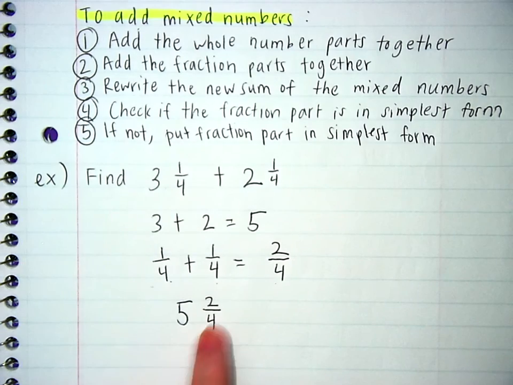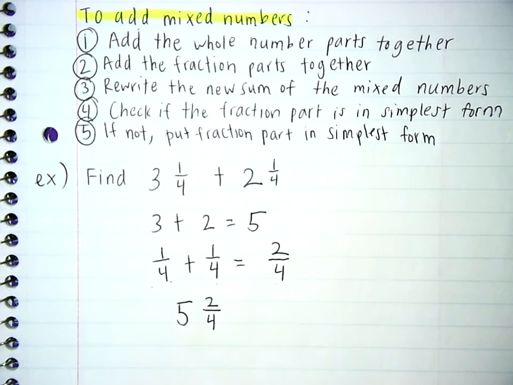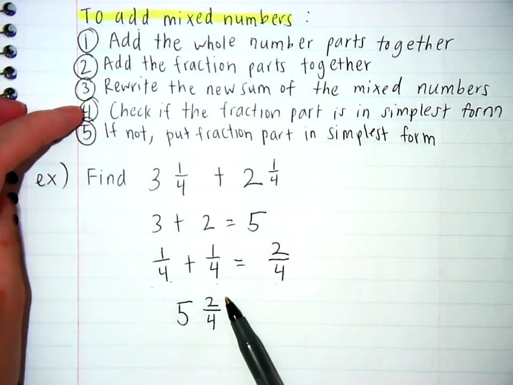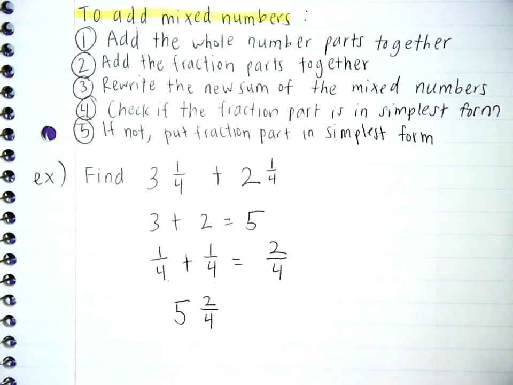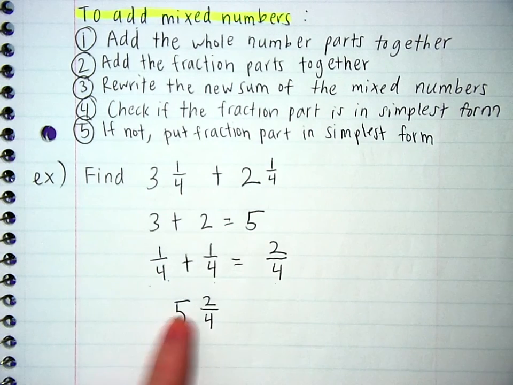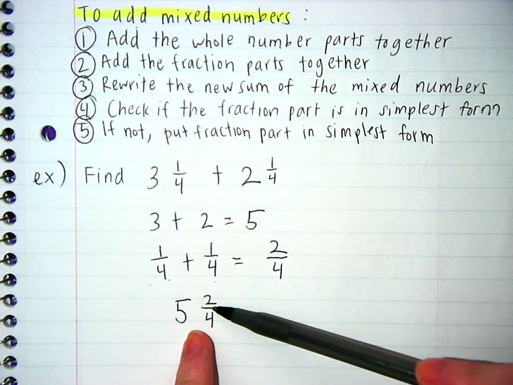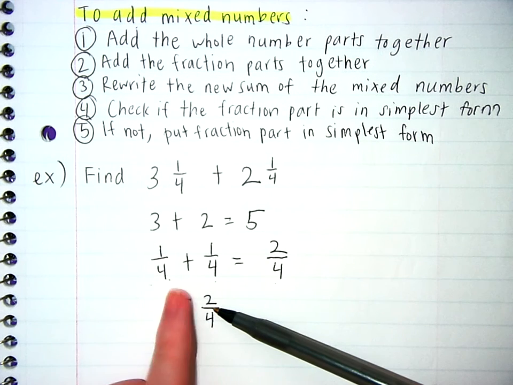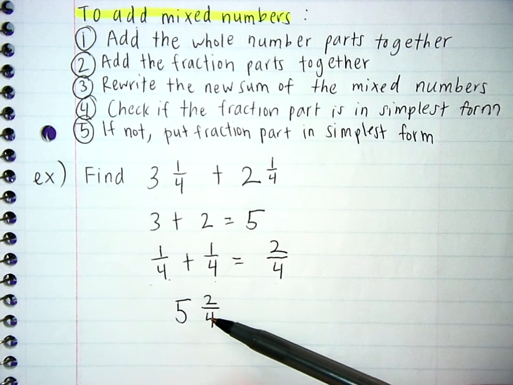And that is the sum of these two mixed numbers. But I have to go to step 4 now. Check to see if the fraction part is in simplest form. The whole number does not matter here. We're only looking to see if the fraction part is in simplest form. I can't do anything with this 5. The 2 over 4 I could possibly do something with.